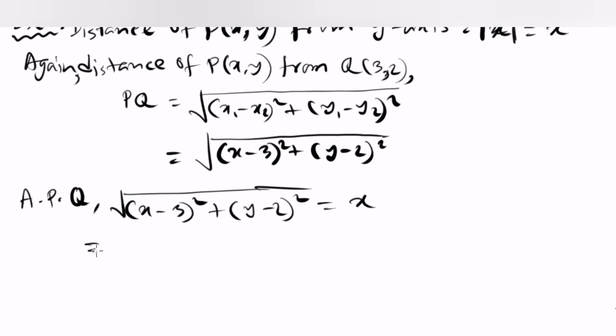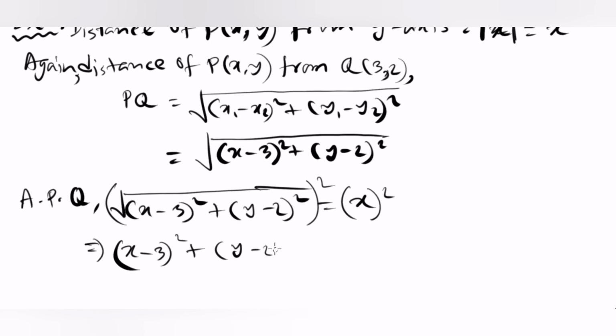If there is a square root in an equation, we have to omit it by squaring both sides. So square and root are omitted, and we get (x minus 3) whole square plus (y minus 2) whole square is equal to x square.